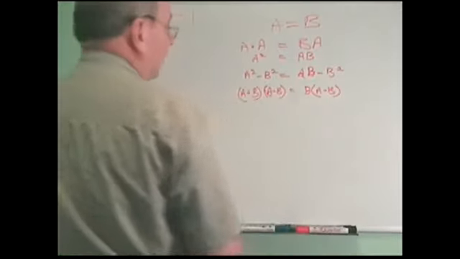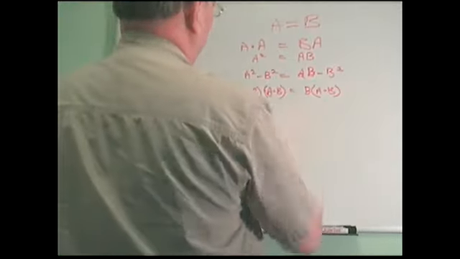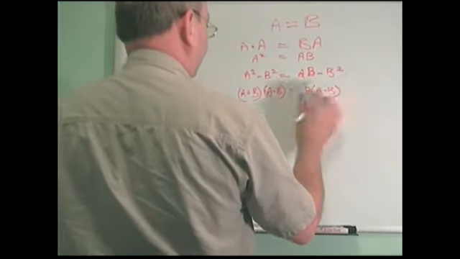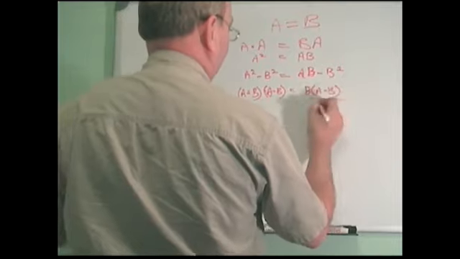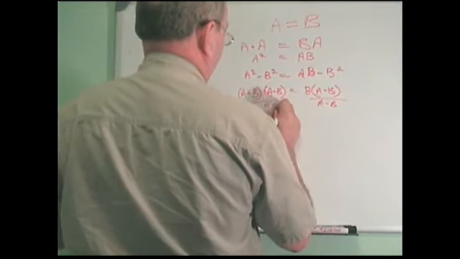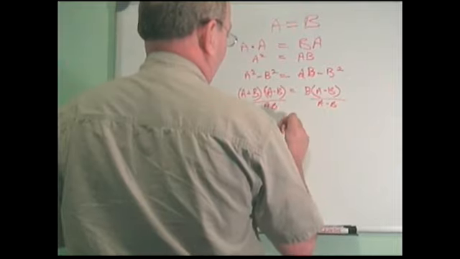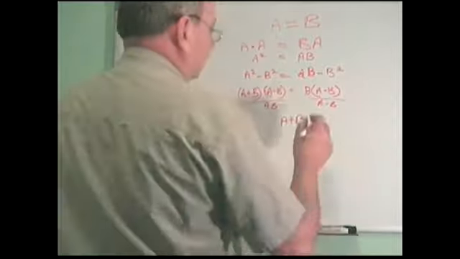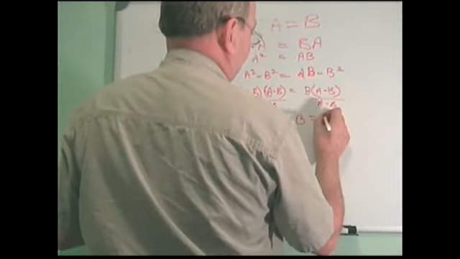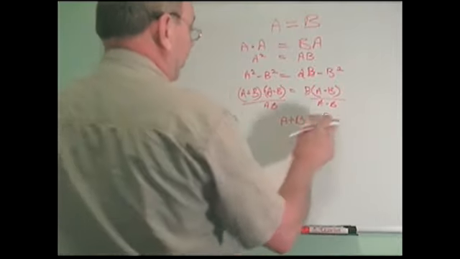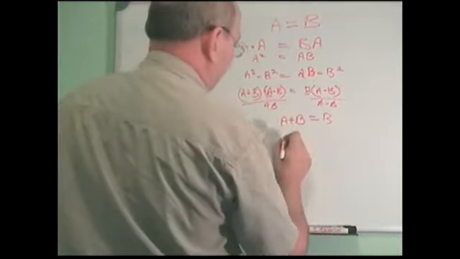Okay? So now we reduce this out, right? We just divide both sides by A minus B. Okay, we're going to have A plus B equals B, right?